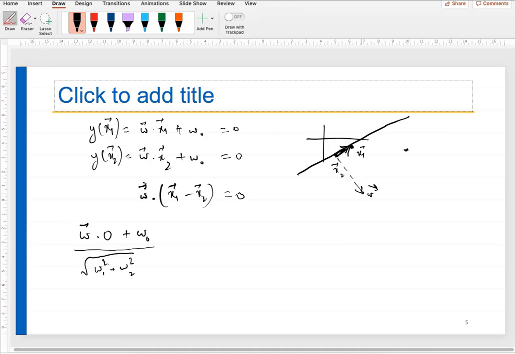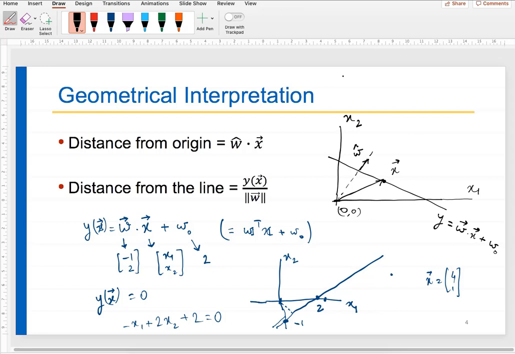You take any general point, you take that point and find its distance from the line in the perpendicular direction, which means the direction w hat.